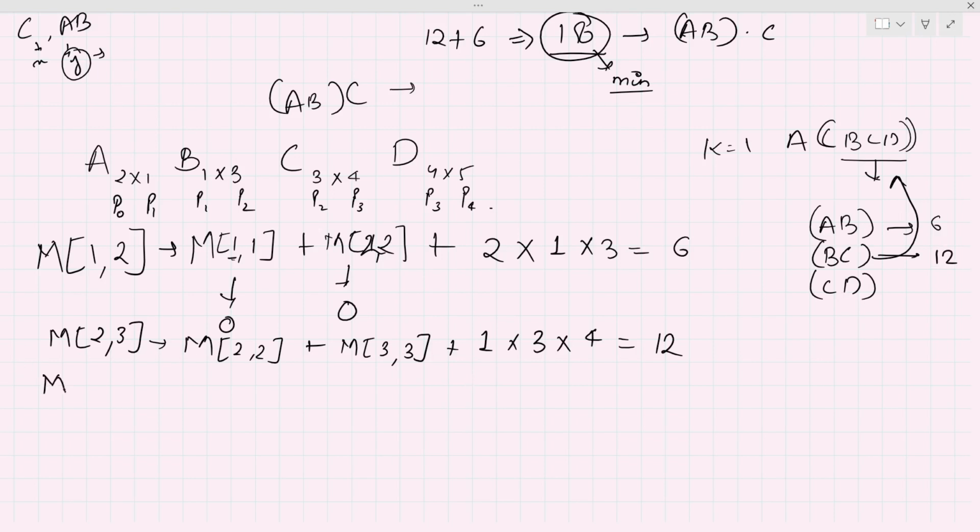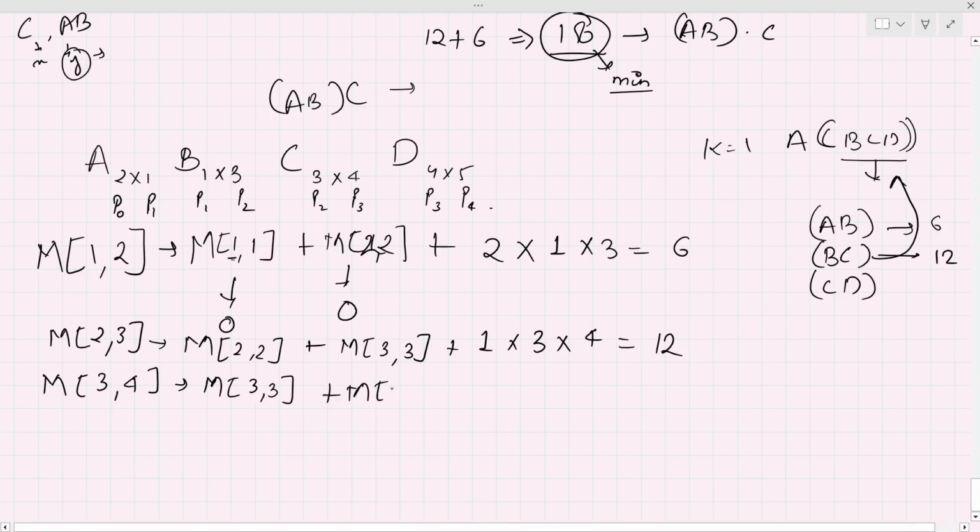Now we have one pair left, which is C and D, meaning matrix number 3 and matrix number 4. M 3 comma 3, what's the value of a single matrix? 0. M 4 comma 4, 0, and the multiplication of these things.